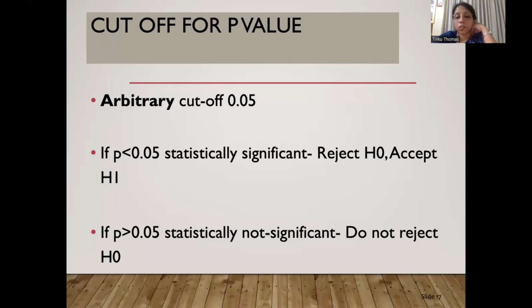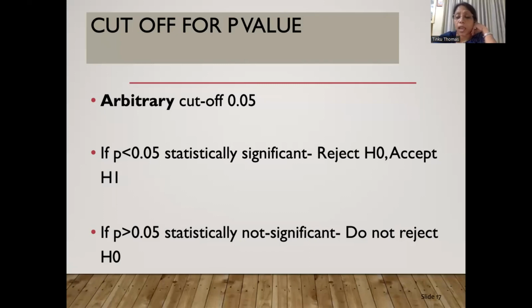Please note, this is an error that many people make. They think that just because p is greater than 0.05, the two groups are the same. It is not that. It is just that we do not have sufficient evidence to state that the two groups are different. And therefore, we are stating that there is no sufficient evidence to say that the two groups are different.